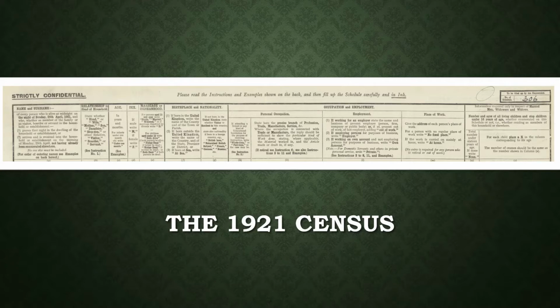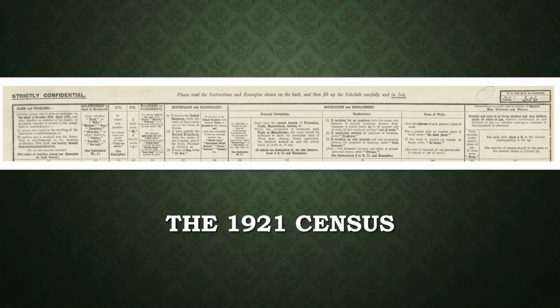When you're on the page, just click on the film strip at the bottom and you'll see the options for viewing. Now, on the main page, as you would expect, the first column is the name and surname of each person in the household on the night of Sunday, the 24th of April, 1921.